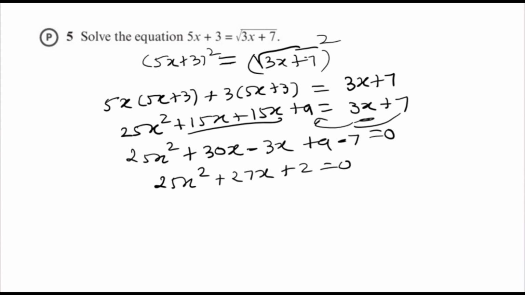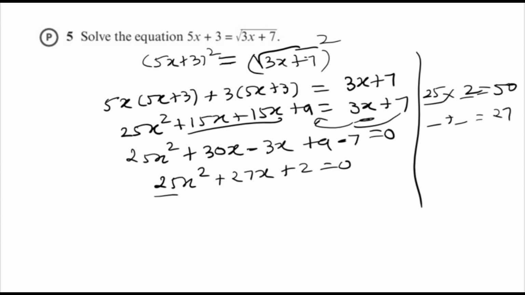Now in topic 1 we learned how to factorize this one with a coefficient. So 25 times 2 will give me 50. So we have to find two numbers, when you multiply, that will give you 50, and when you add them, that will give you 27. So 25 and 2. 25 plus 2 is 27. How to factorize it?